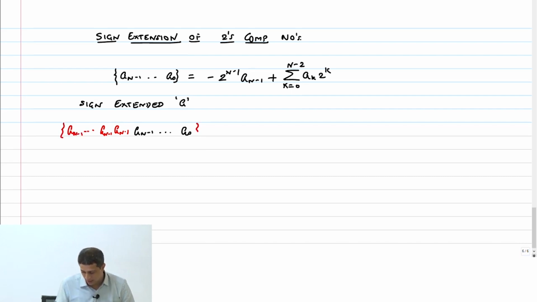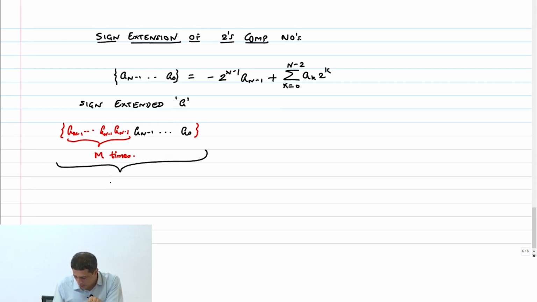I'm going to sign extend it by m bits. By sign extending it m times, this now becomes how many bit number? An m plus n bit number, right?